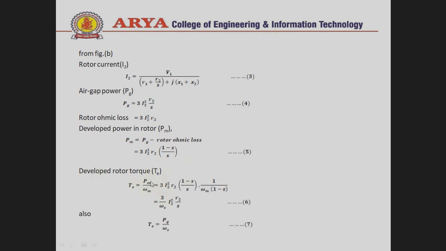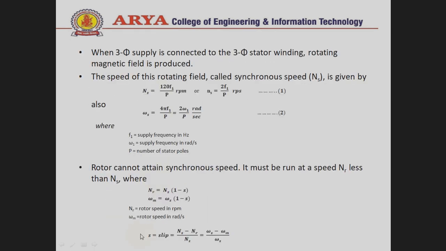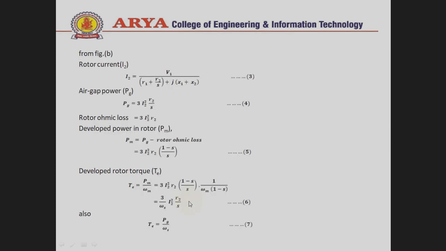Now we put the omega m value from this equation, omega m is equal to omega s (1 minus s), and when we simplify that, we find that 3 I2 square R2 by s upon omega s is the developed rotor torque.